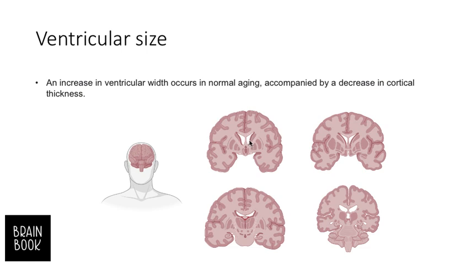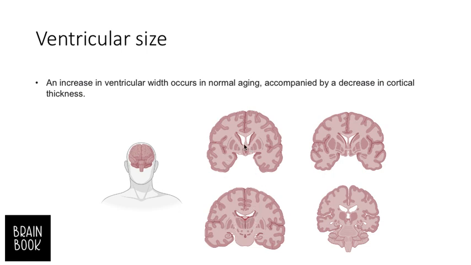And in some neurodegenerative diseases, we can see a huge expansion of the ventricles in the brain that substitutes for the neurons, and when the neurons are degenerated, the neuronal mass in the brain shrinks, and the ventricles have more width and are expanded.